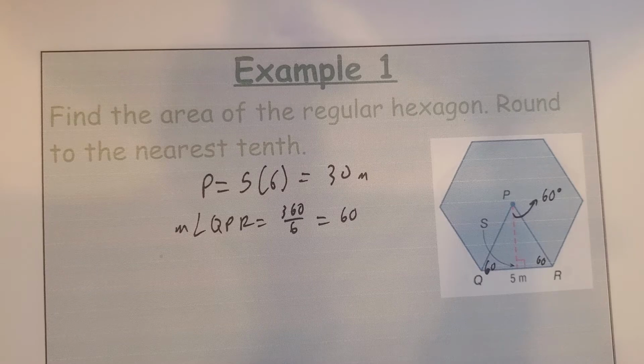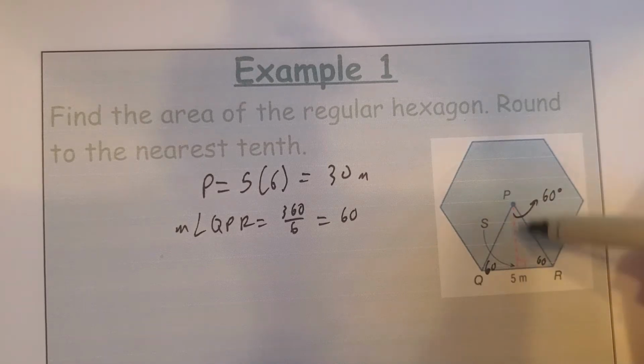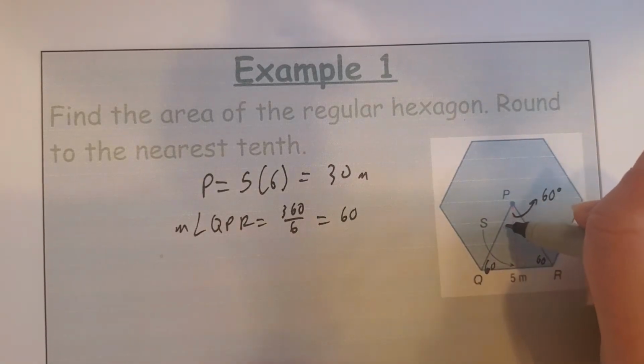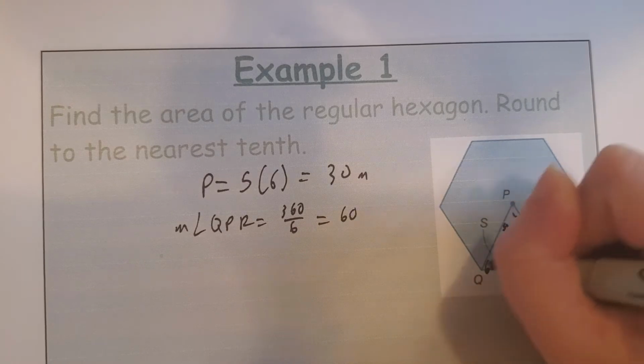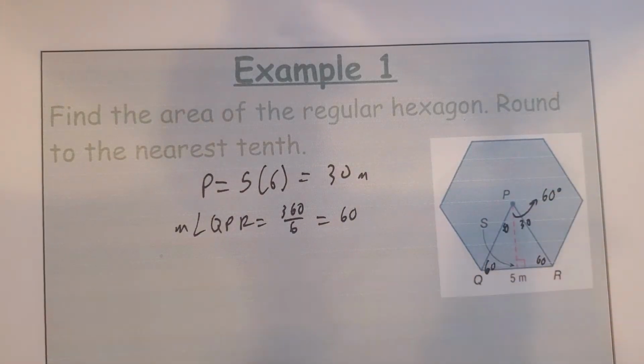One of the other things we could also say, even if those numbers change a bunch, is that PS splits the 60 in half. So QPS is 30, and RPS is 30. And I think you guys kind of know, hopefully, where this is going.